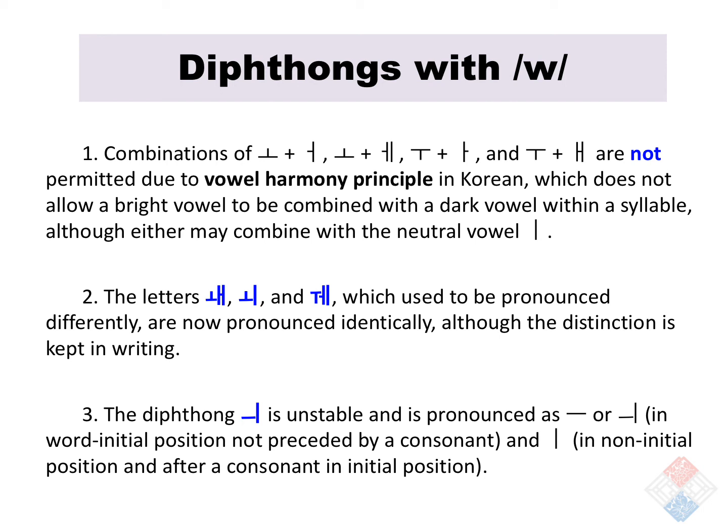Try that. Wa. And then o and e, we. One vertical line and one horizontal line with a stroke above the horizontal line is we.